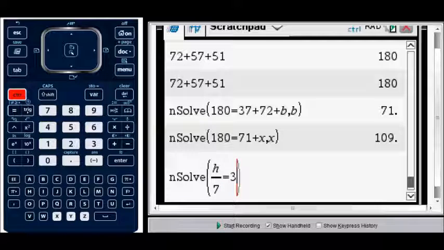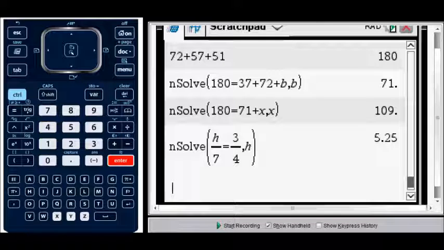So I'm going to put a 3, put another fraction bar, put my 4, and then I'm going to put a comma and put h, because that's what we're solving for, the height. We're trying to find h. Hit enter, and it tells me it's 5.25. And that's the same thing that I found by hand, and you can do it either way, but I would recommend always checking it with numerical solve after you do your work, just to make sure that you got the correct answer and you didn't make a simple mistake.